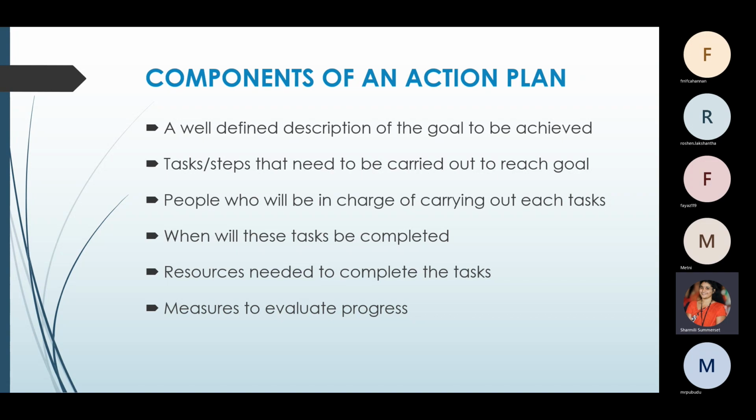People who will be in charge of carrying out each task. Yes. If it's an individual goal attainment, then okay. Each and every individual is the responsible one who is going to achieve it. But consider if it is teamwork. For example, if a company needs to achieve a goal, all the people form a kind of teamwork, right?